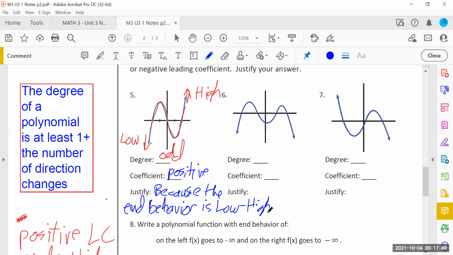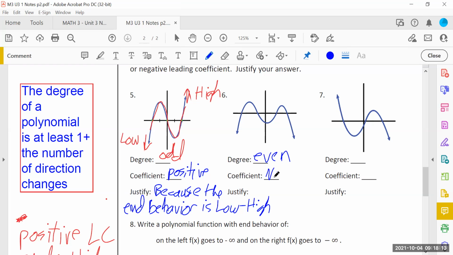So look at number 6 then. Everybody, degree, even or odd? Even, right? They go the same direction. Same direction means even. Does it end high or low? So is it positive or negative?